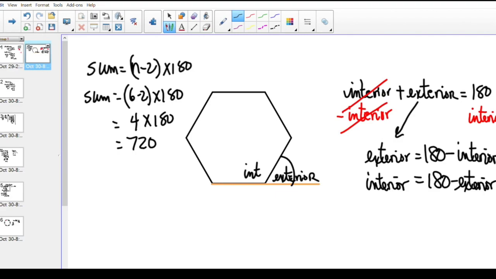So if we take this number and divide by 6, we're going to get the measure of an interior angle, right? So if this interior is 120, she said, well, come over here and take 180 and subtract 60, and the answer is what?